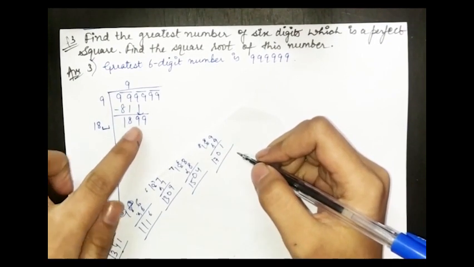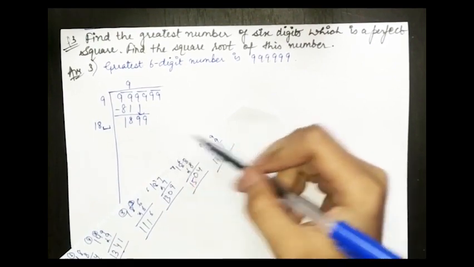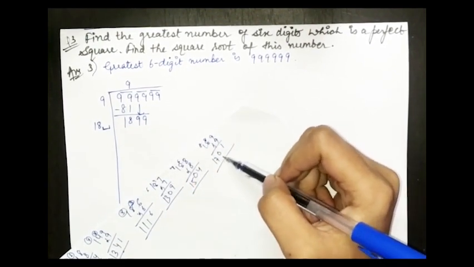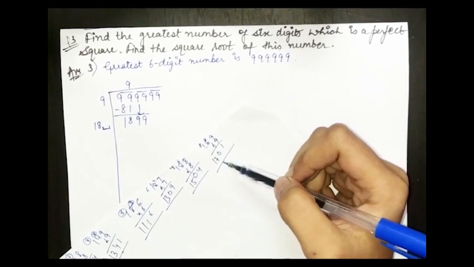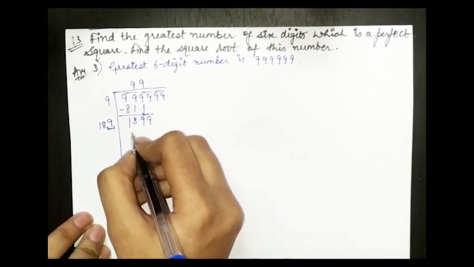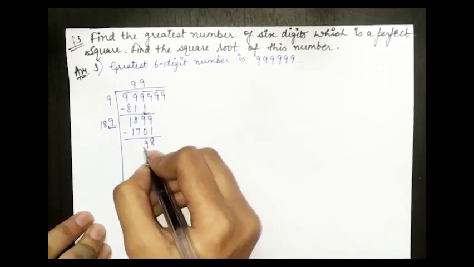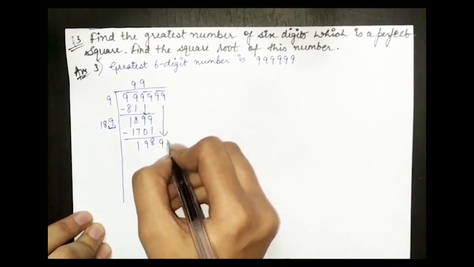So this is clear. Now for 1899 we have to take 9, as 189 doesn't come in here. The smallest number is 1701 only. So we will be writing here 9 and here also 9 and then 1701, means subtracting, 198, and then again 99.